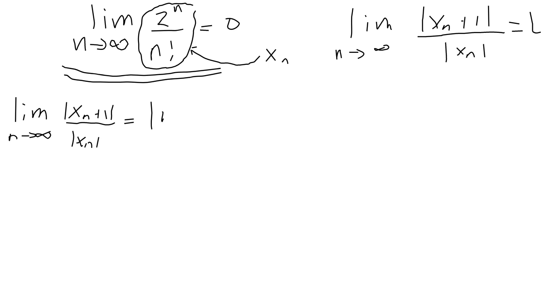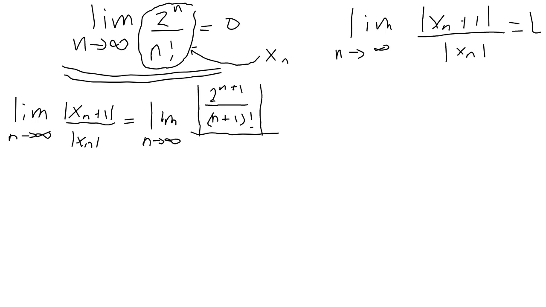So that will be the limit as n tends to infinity of x sub n plus 1, so that is 2 to the n plus 1 over n plus 1 factorial, all over, you can put absolute value if you want.